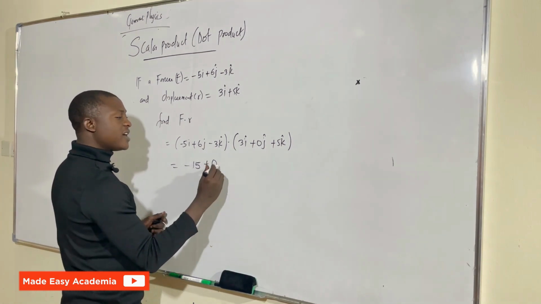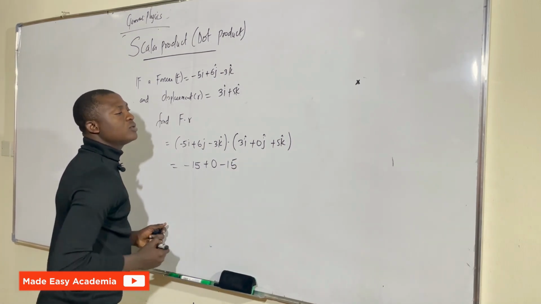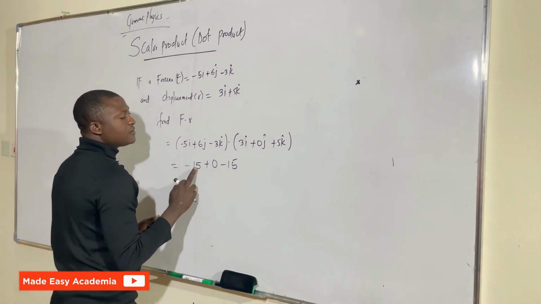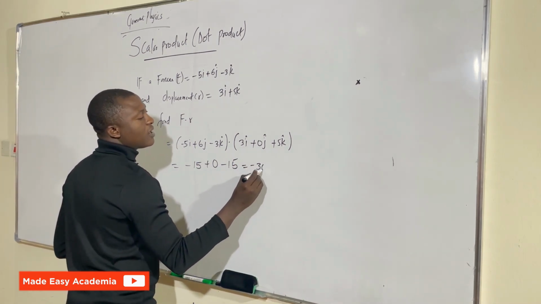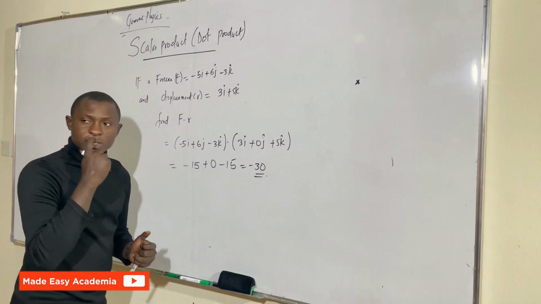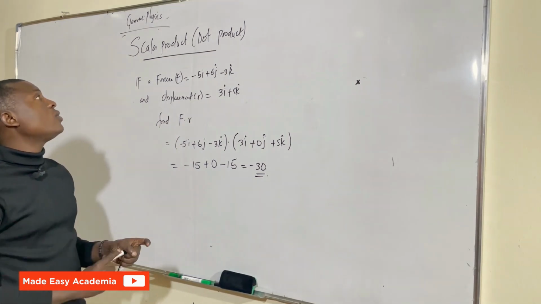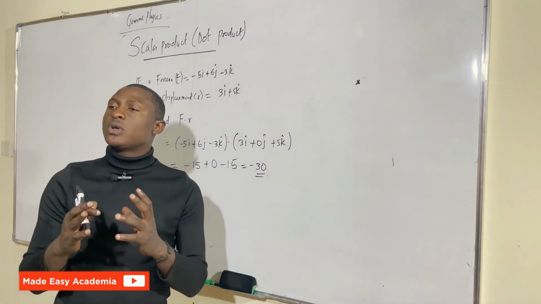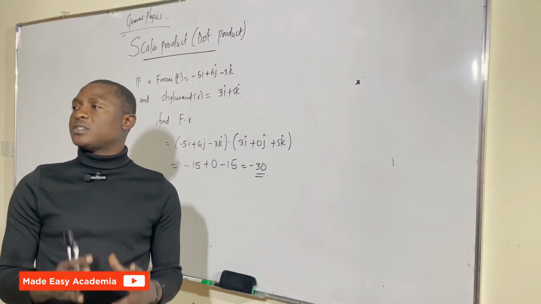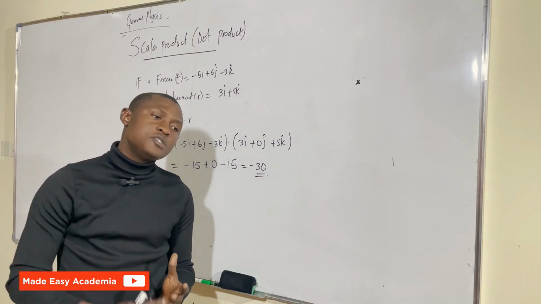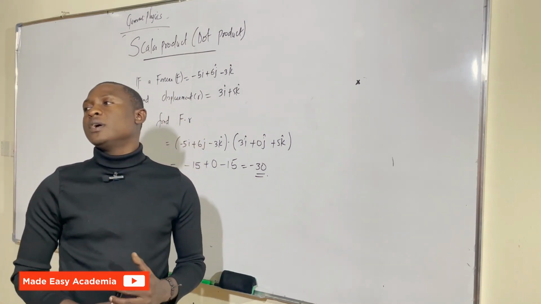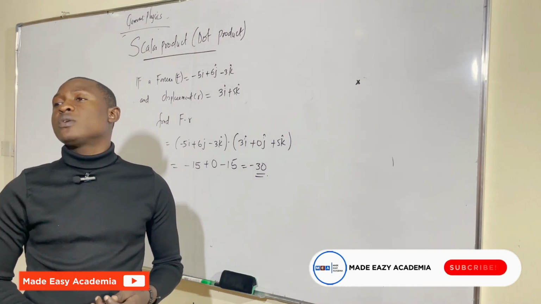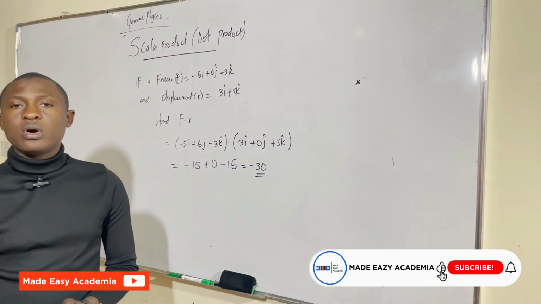Minus 3 times 5, you are going to have minus 15 as well. Minus 15 minus 15, you are going to have minus 30. So the only thing you need to take note of here, under the scalar product or dot product, is that you can only match the ones that have the same direction together. That is i for i, j for j, and k for k. So the next one we are going to is the vector product.